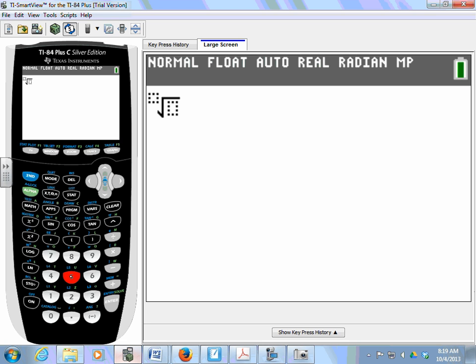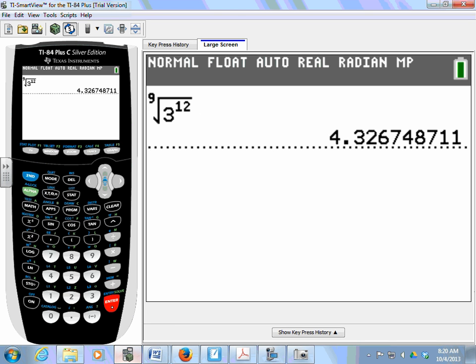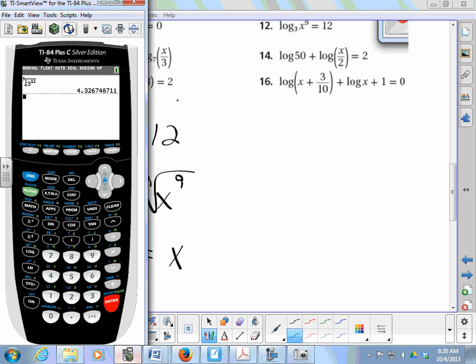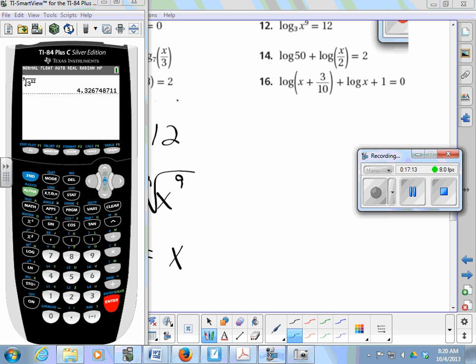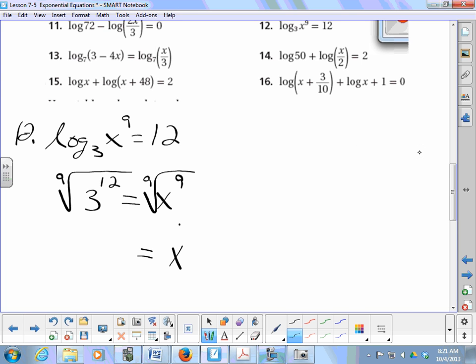So I'm going to put a 9 there, and then 3 raised to the power of 12 here. And I get 4.33, approximately. You didn't get that? So we get approximately 4.33.